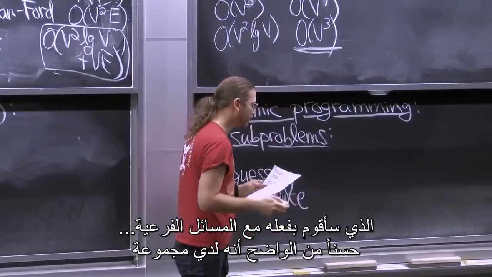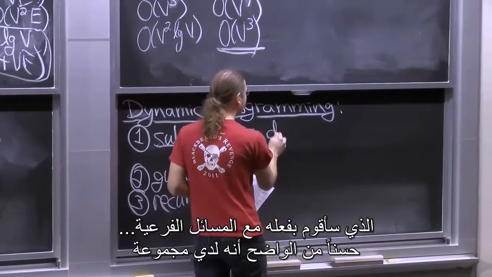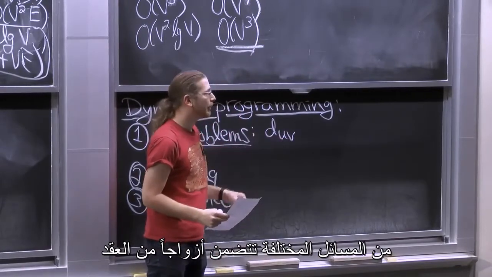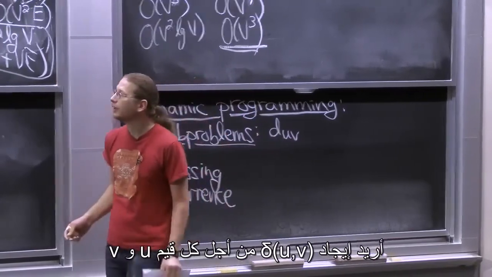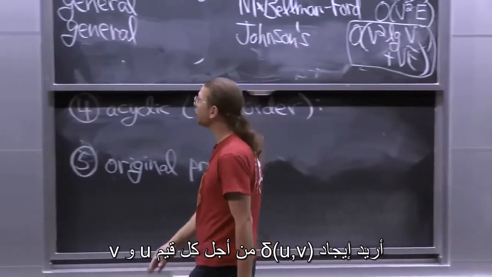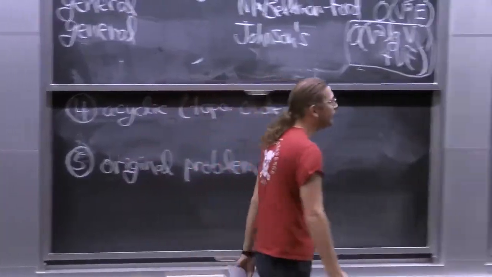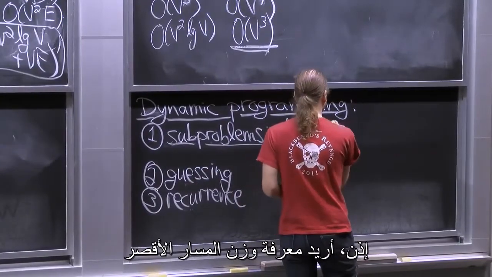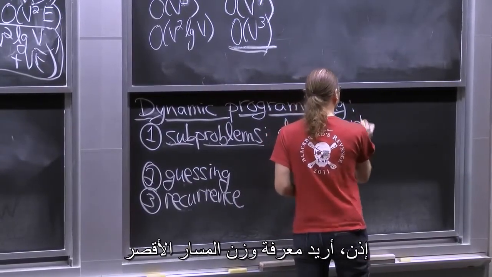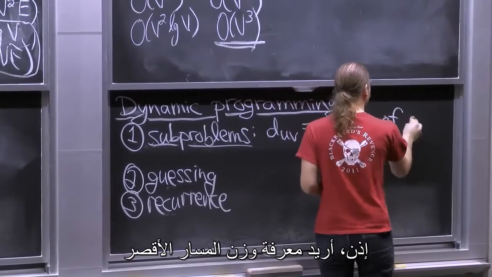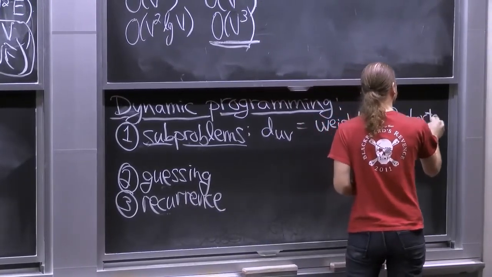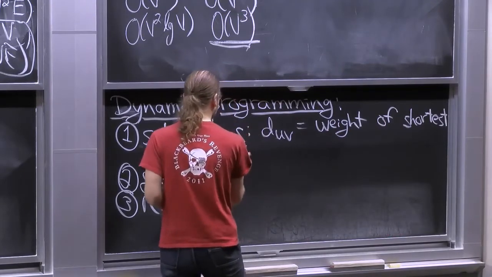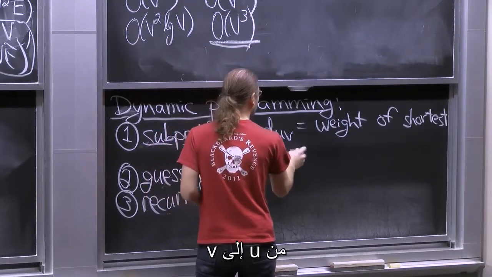what am I going to do for subproblems? Well, obviously, I have a bunch of different problems involving pairs of vertices. I want to find delta of uv for all u and v. That I erased, but that's the problem. So I want to know what is the weight of the shortest path from u to v.